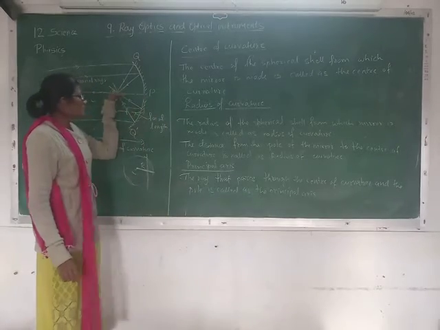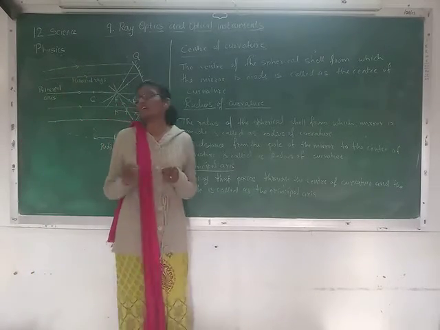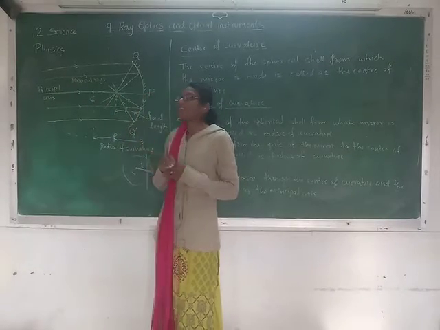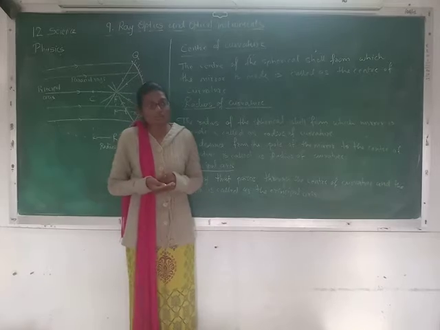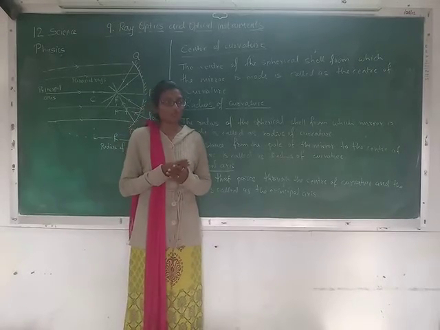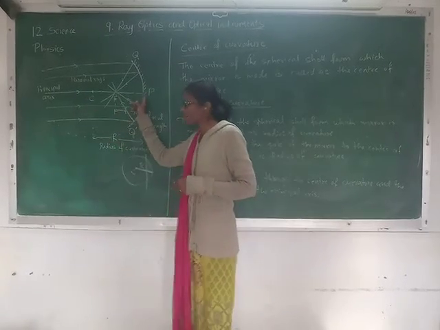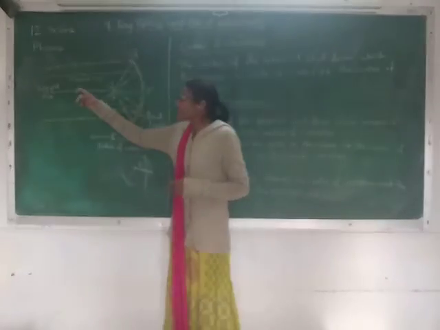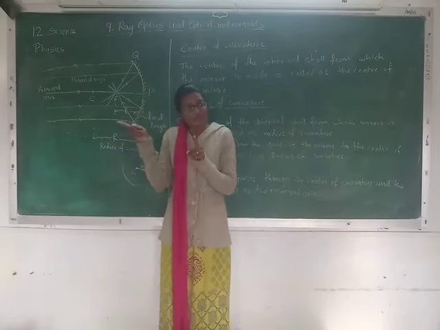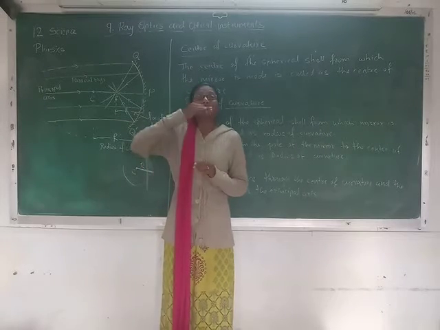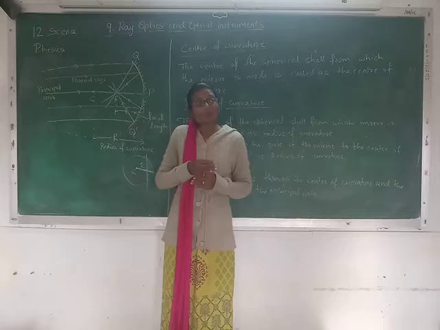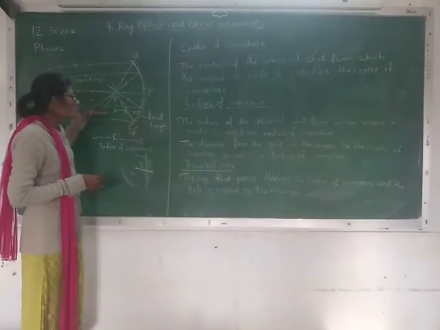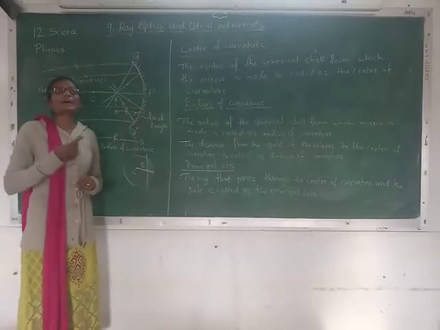Now you can see these rays passing through the center of curvature and pole, right? But there are many different rays of light that will be incident on the mirror. This one is called the main axis because it is passing through the center of curvature. But any other rays incident on the mirror that are close to this principal axis are called paraxial rays.